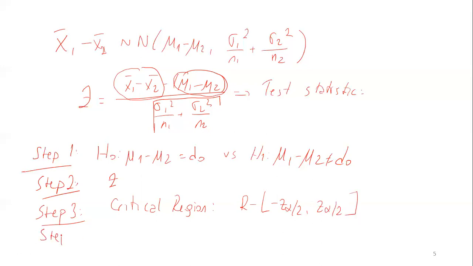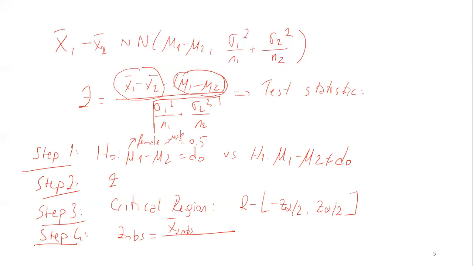Step four, calculate your observed test statistic, which is z observed. This is equal to x1 bar observed, the value that you observe. For example, if you're testing whether the GPA of female students is equal to the GPA of male students plus, let's say, 0.5, so mu1 minus mu2 is equal to 0.5, where mu1 is female student GPA and mu2 is male student GPA.